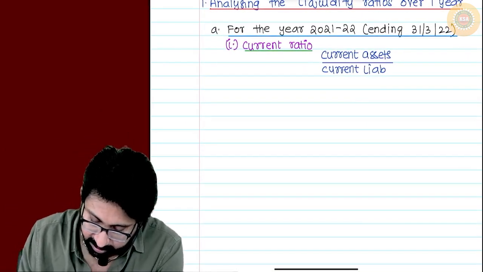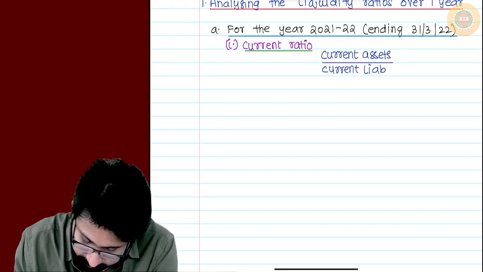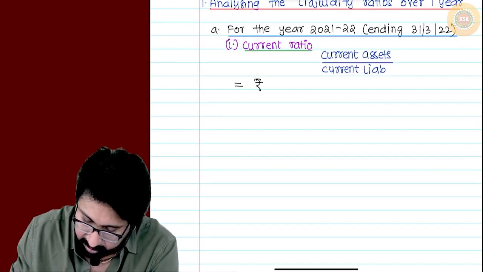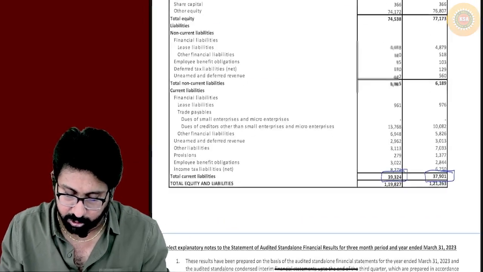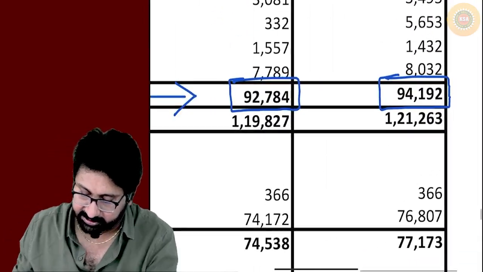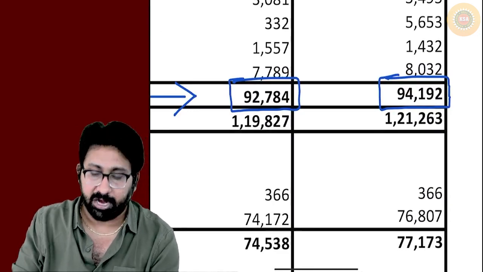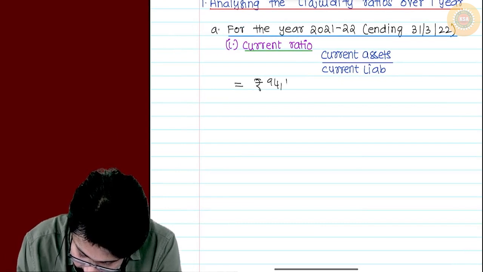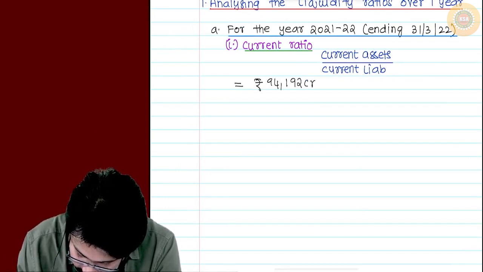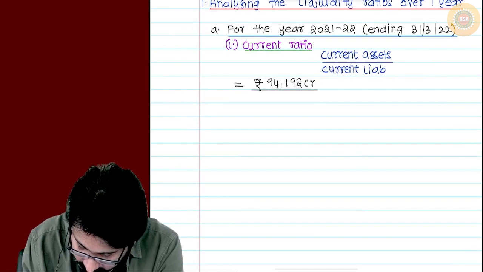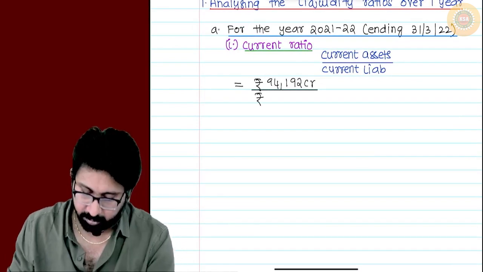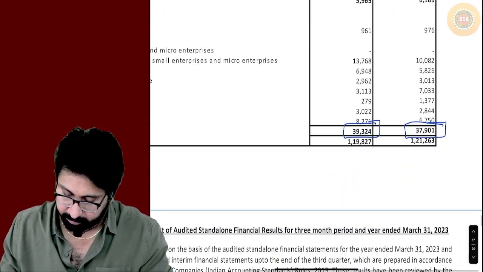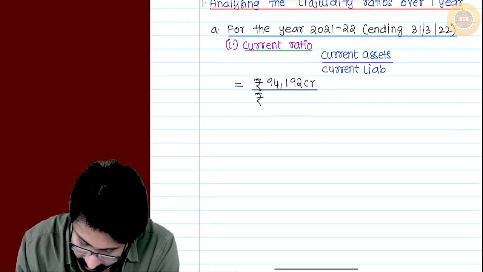Current assets by current liabilities. Tell me what is the current assets total for 31/3/2022. I will show you, at least see and tell. What is this? 94,192. Next, 37,901.